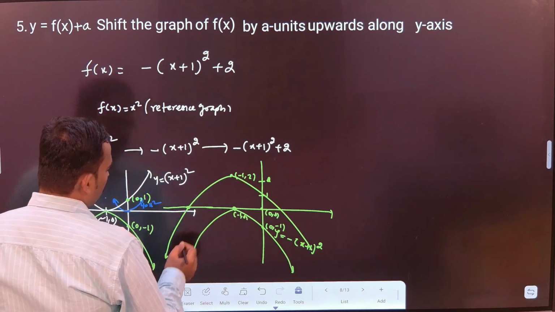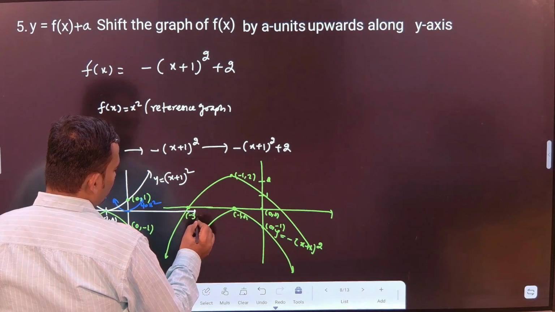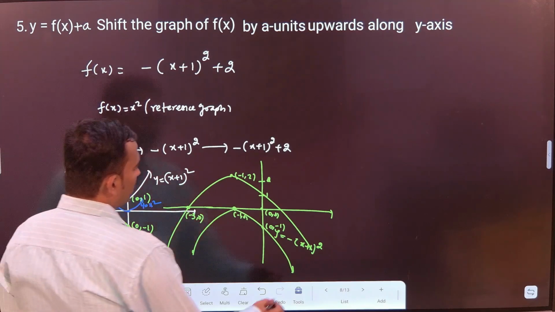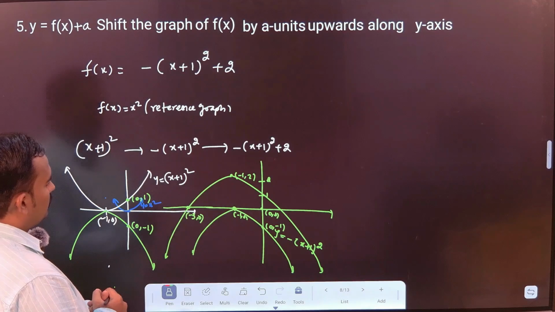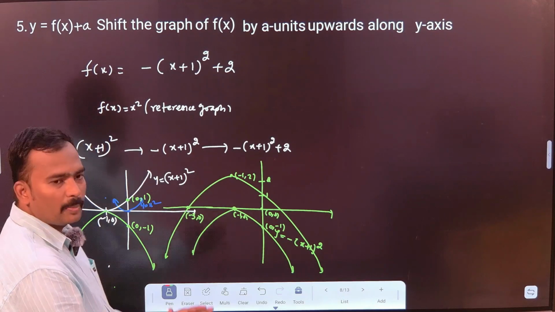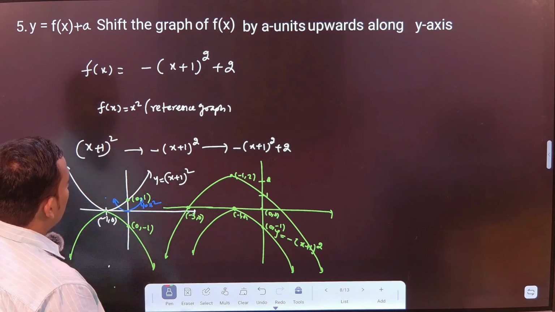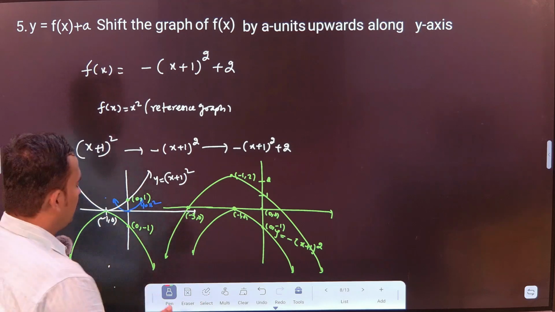This intercept is what? Here is minus 2, minus 3, minus 3 comma 0. Clear? Understand? Okay. I hope everyone understands, right? Okay, fine. This is your graph of minus (x plus 1) whole square plus 2.